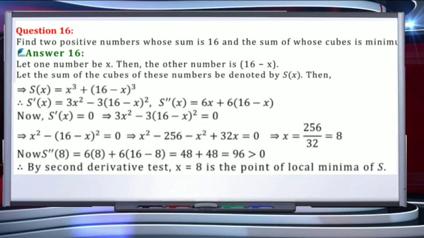So we are getting the second order derivative as 96, which is greater than 0. Hence the second order derivative is greater than 0. That means this is the point of local minima. So hence x equal to 8 and the other number 8 will be those two positive numbers whose sum is 16 and the sum of whose cubes is the minimum.